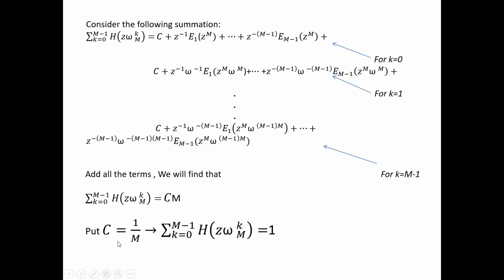If we put this constant C equal to 1 by M, then this sum will be equal to 1. This is a very important relationship, known as the Nyquist condition.